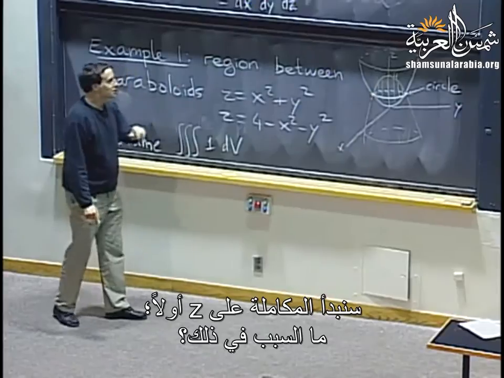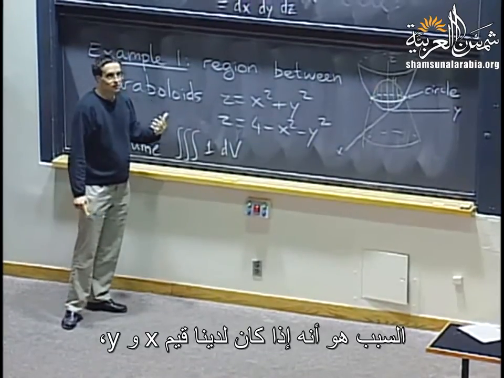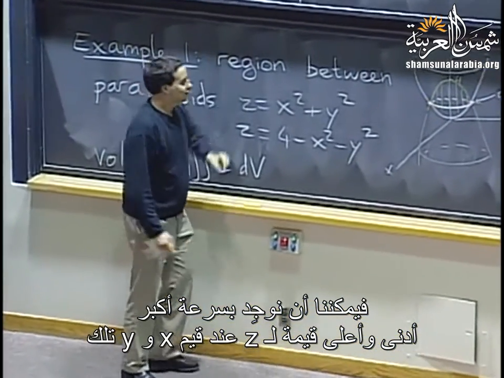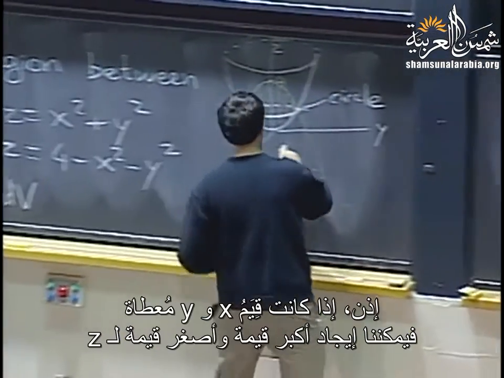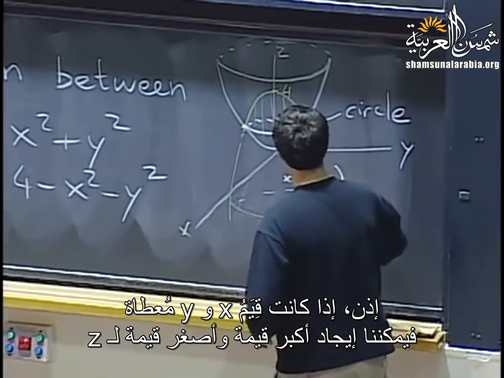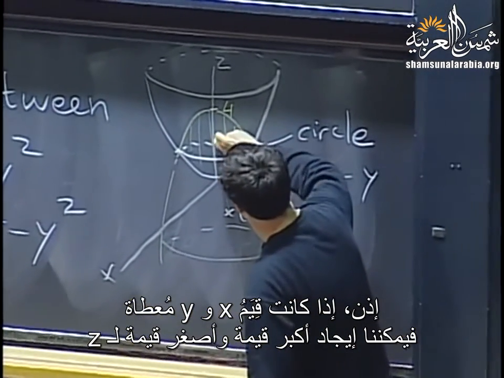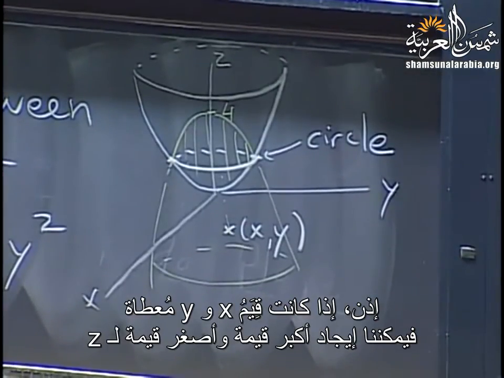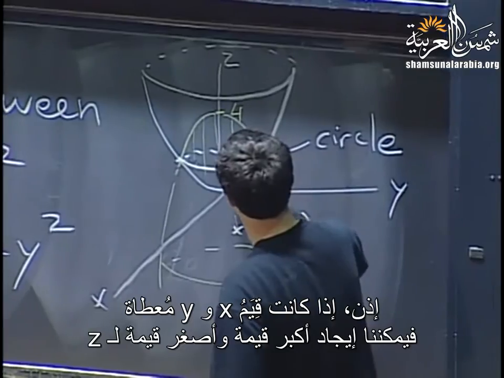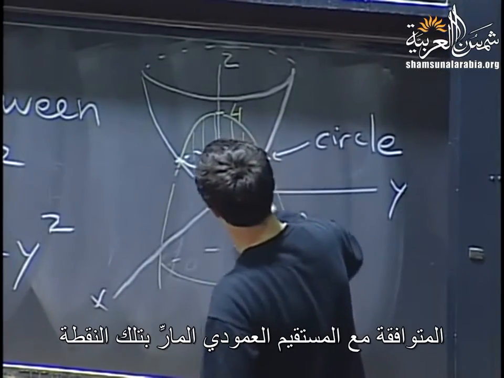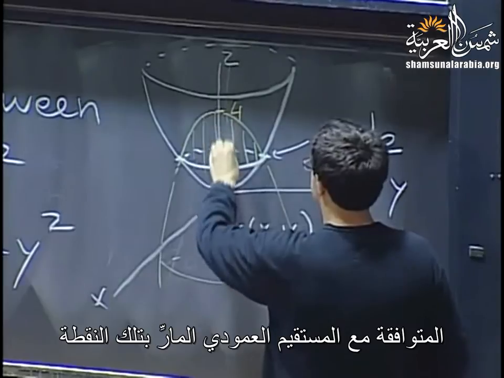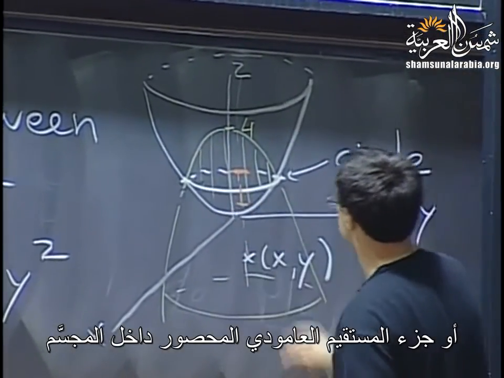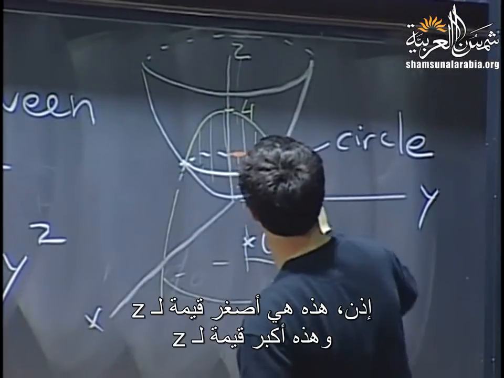What's the reason for that? Well, if I give you x and y, then you can find quickly the bottom and top values of z for that choice of x and y. So if I have x and y given, then I can find above that point what is the bottom z and the top z, corresponding to the portion of the vertical line that's inside our solid.